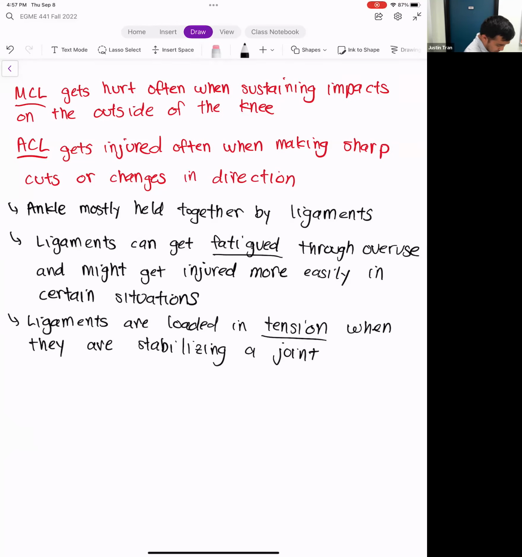Joints which gain much of their stability based on the geometry of the bones, we call those more bony joints, whereas joints like these get a lot of their stability from the ligaments. In the end, you're going to have stable joints either way. It's just how they get their stability, and what activities put them at risk, are different depending on whether they're bony or more ligament stable.